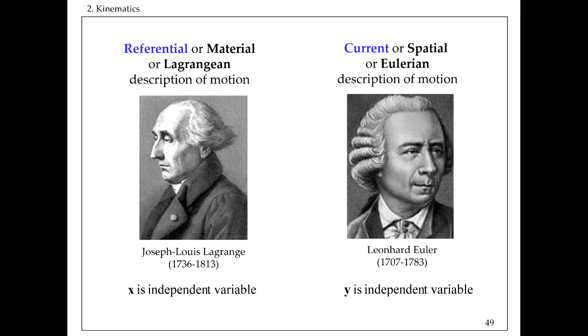For example, if you talk about a pipe, you can follow and measure everything at a point, or you can follow the material point and measure everything as the point moves. For example, you can measure a change in the density at that point. You can go with the point, as if you're sitting on it, and measure. So that would be one approach.